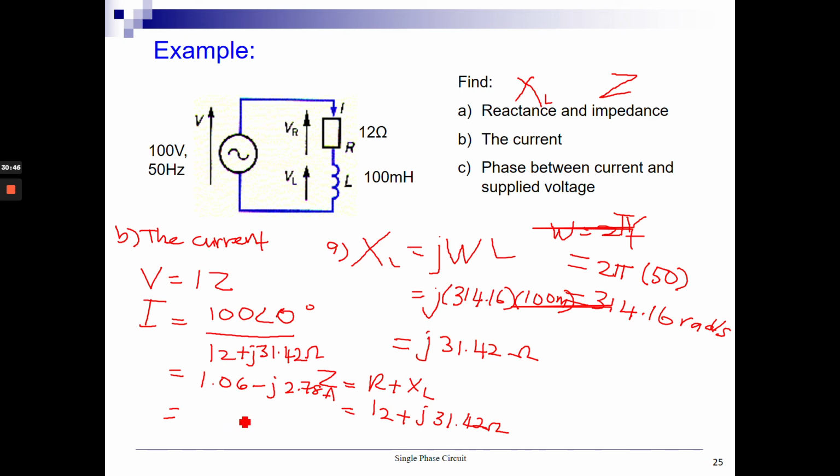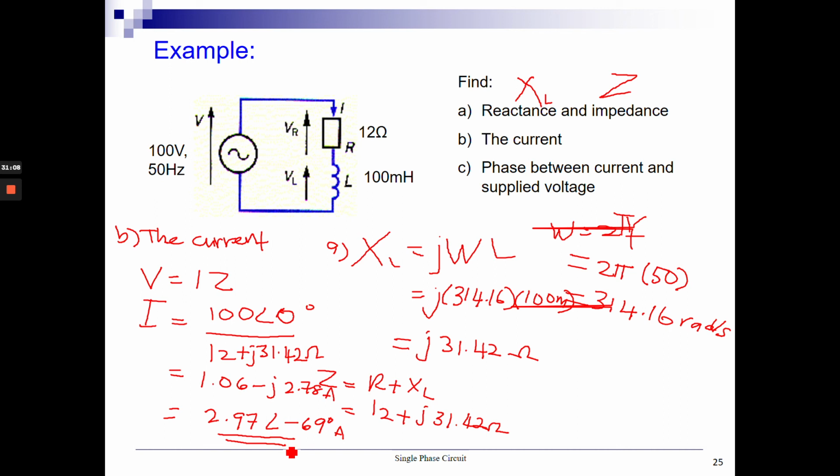You will get 2.97, and your angle is negative 69 degrees. So this is your answer.